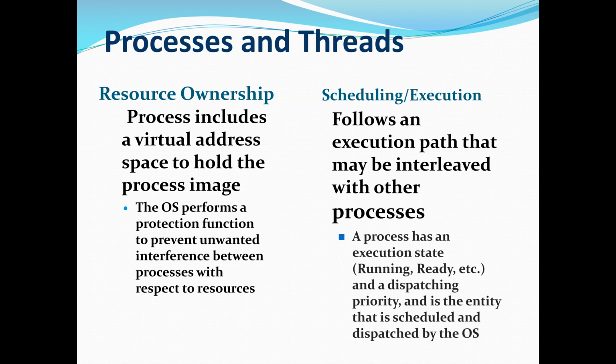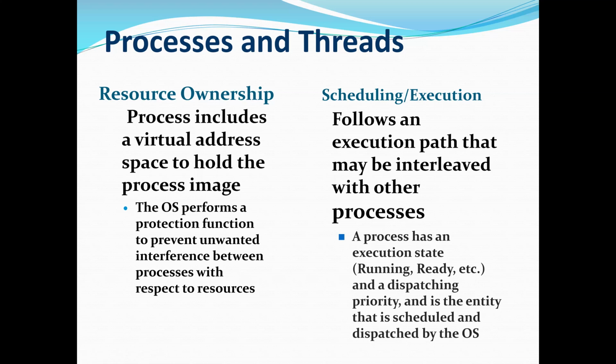Now, the OS normally performs a protection function to prevent unwanted interference between processes with respect to resources. With scheduled execution, the execution of a process follows an execution path, or trace, through one or more programs.